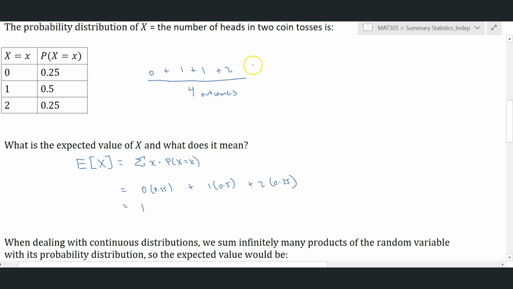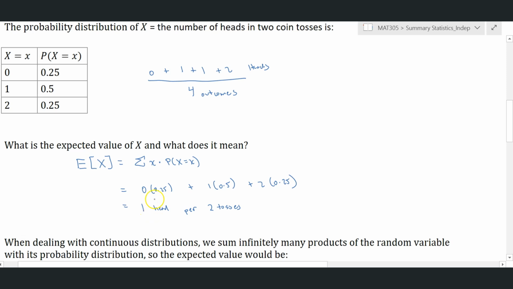And then this would be the heads. So this would indicate that this average, just computed differently, but it's the same mathematics, would be 1 head per outcome. Now I'm not going to use the word outcome. I'm going to say per toss. Per 2 tosses, excuse me.